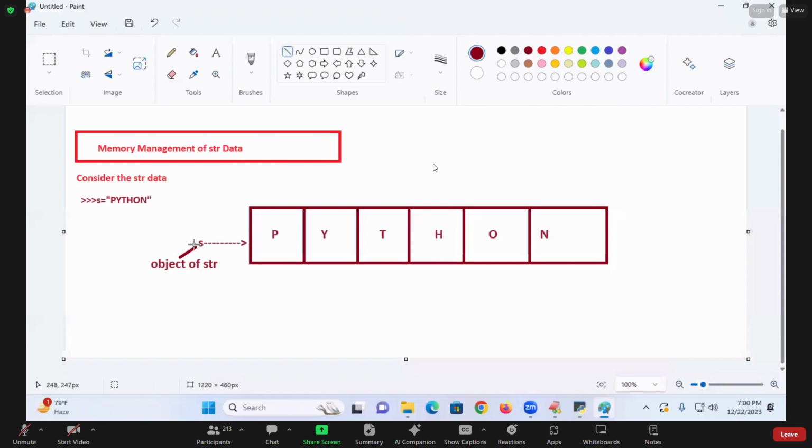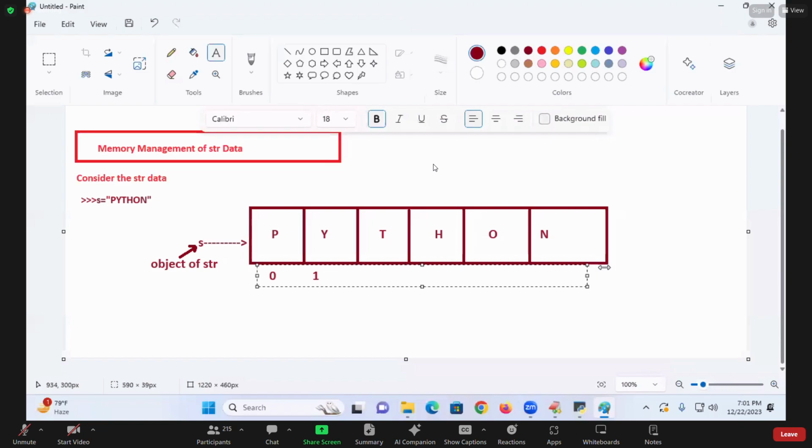Be careful. Hold on. Now students, internally each letter in the box is going to have a position. What does the position start with? 0, 1, 2, 3, 4, and then 5.